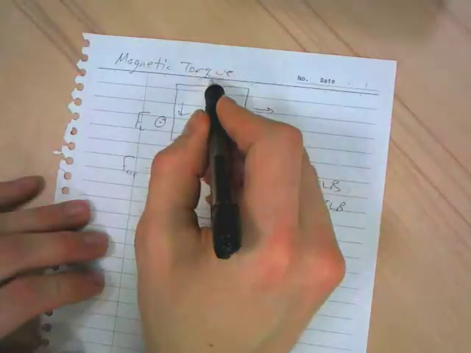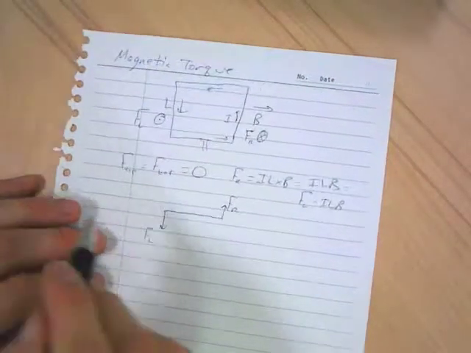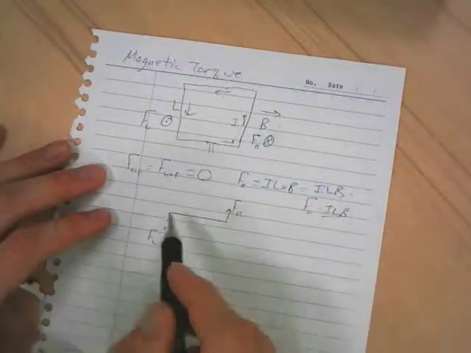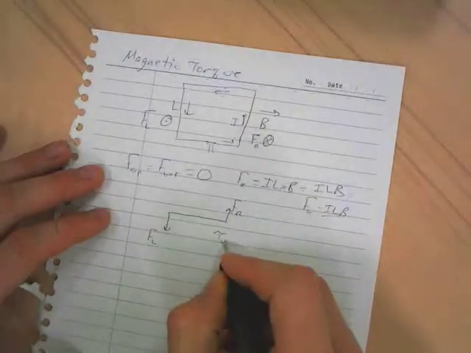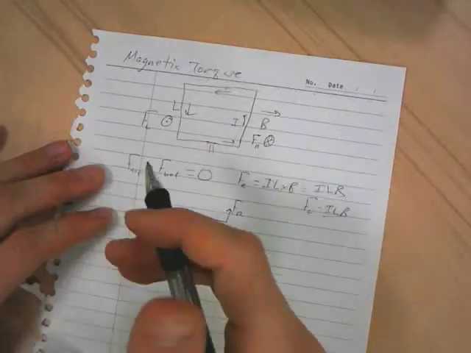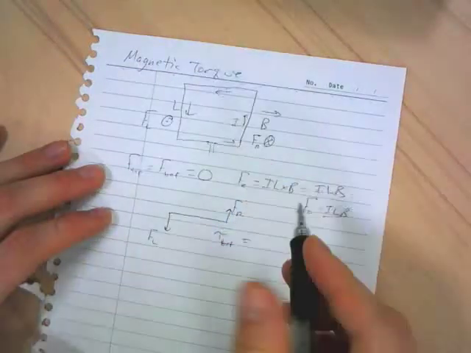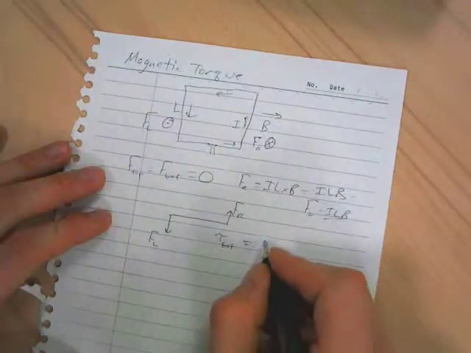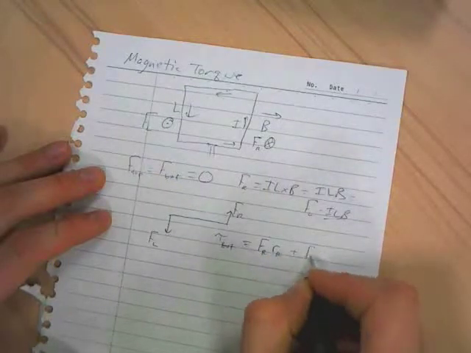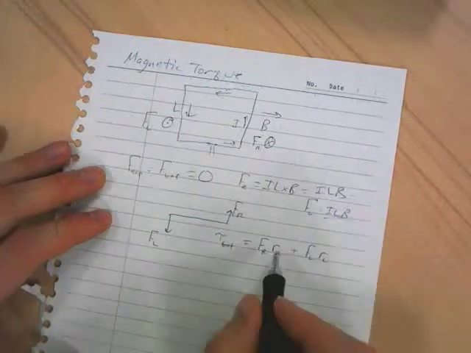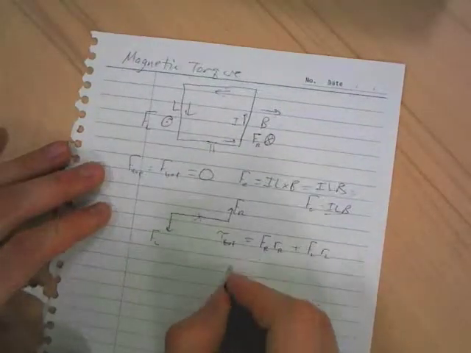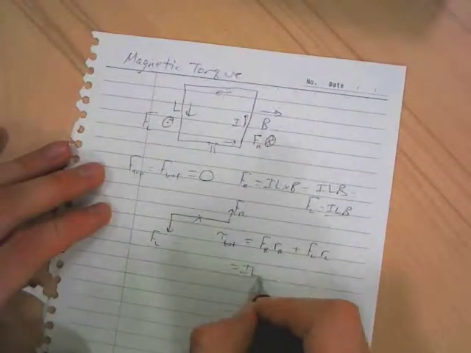Well, let's say this is a square with sides of length L. Then the force is our ILB. And our total torque: these torques are both pointing in the counterclockwise direction, which we call out of the page, according to our right-hand rule. So the total torque is the force on the right times its distance from the pivot arm plus the left one times its distance from the pivot arm. If we consider our pivot point to be in the middle, the forces are both ILB.